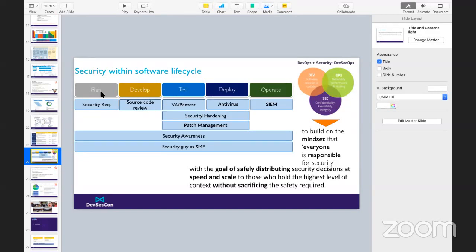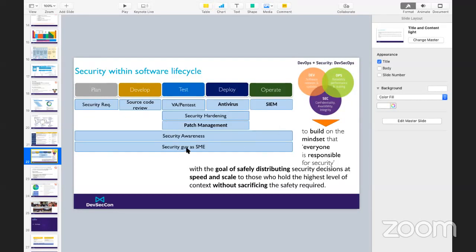In the plan phase, we embed the security requirements here. And also in the development phase, we should do source code review. And also in the test, we do some VA, vulnerability assessment, penetration testing, and also security hardening and patch management. So the security awareness we do in the whole process from plan to operate.